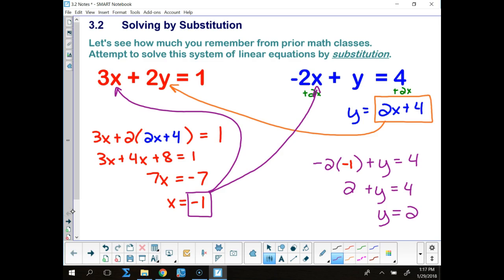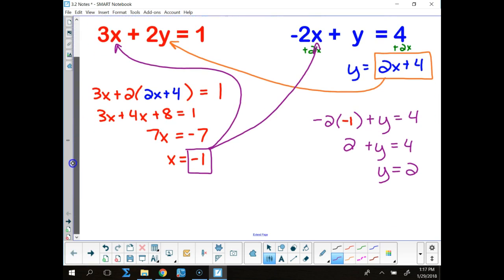Now what? Where do I put them in? Well, where? Not in either one. In both.